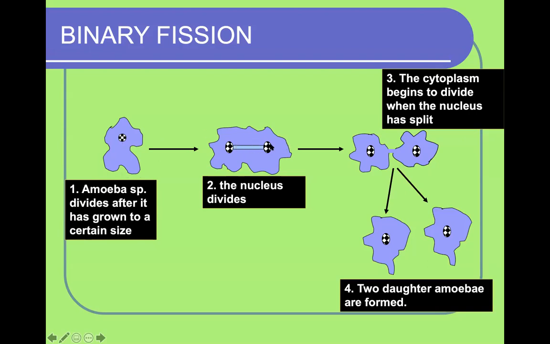Once it has two nuclei, it will divide the cytoplasm. The cytoplasm begins to divide when the nucleus has split up. As you can see here, after division of the cytoplasm, two daughter amoeba are formed. This is what we call binary fission.